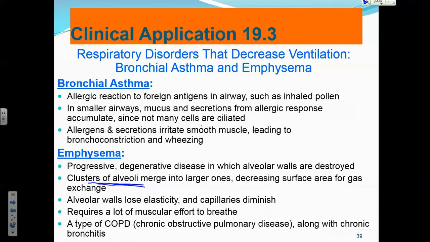Just imagine, I know I can't draw this right, there's a bunch of alveoli. If you measure that blue line, if that was all merged together like this, the blue line in B, the person who has emphysema, is less length than A, the person without emphysema, right? And so that's less surface area for the gas exchange. Okay.